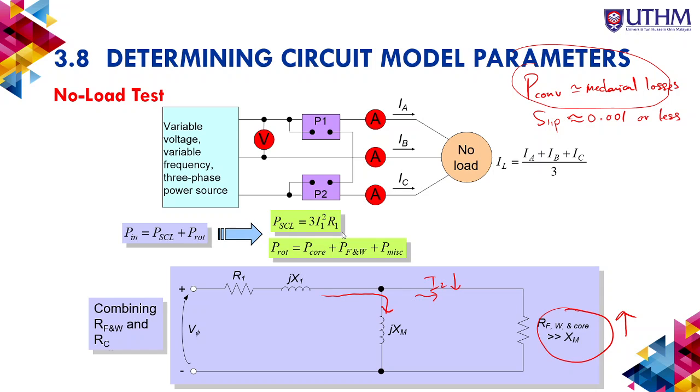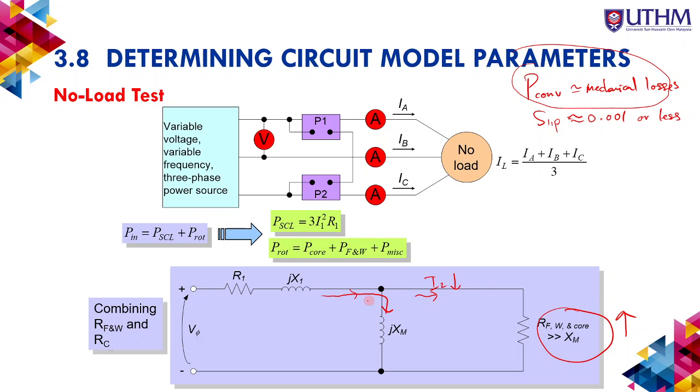Since the current flows directly to the magnetizing component, because the resistance over here is too high, we assume it moves directly to this component and will produce a very high current. So high current is needed.